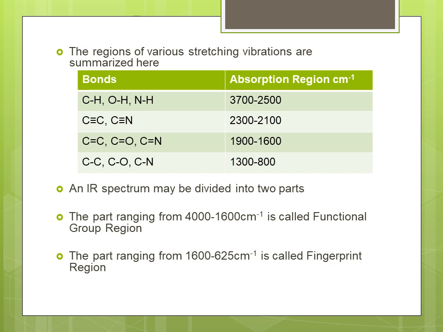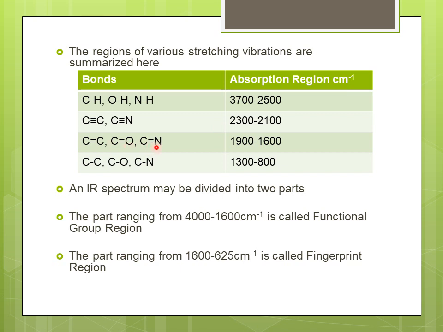In this slide, the regions of various stretching vibrations are summarized in the form of a table. On the left hand side you can see the bonds, and on the right side there are absorption regions in per centimeter. The single bonds like CH, OH, NH have an absorption region from 3700 to 2500 per centimeter, while the triple bonds like CC triple bond and CN triple bond absorb from 2300 to 2100 per centimeter.